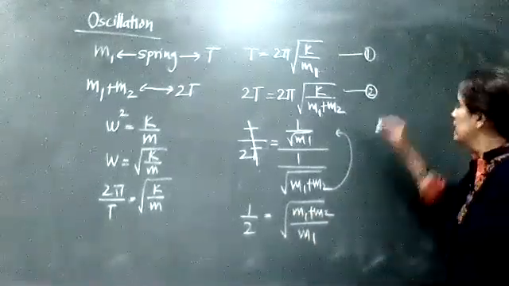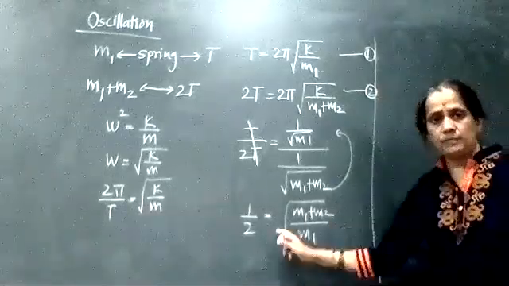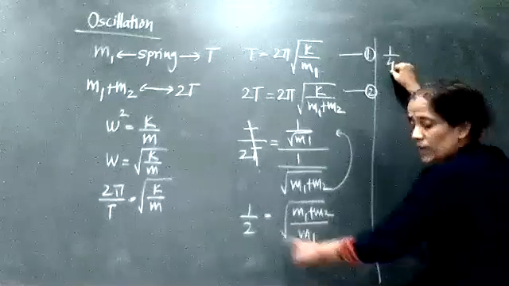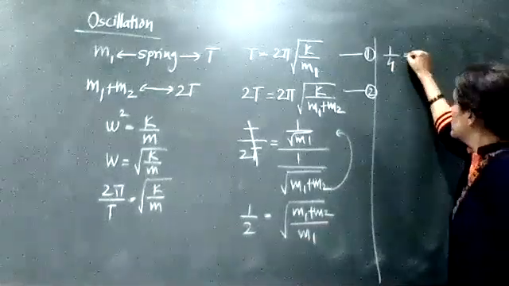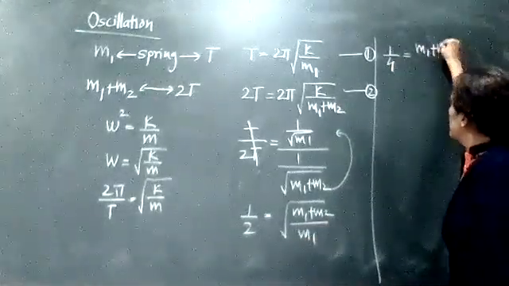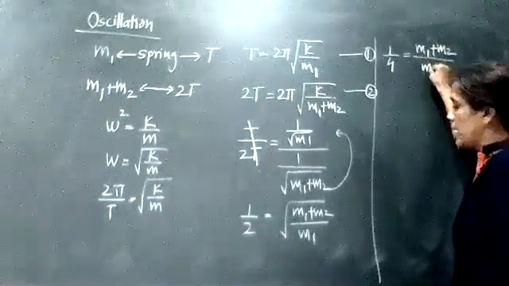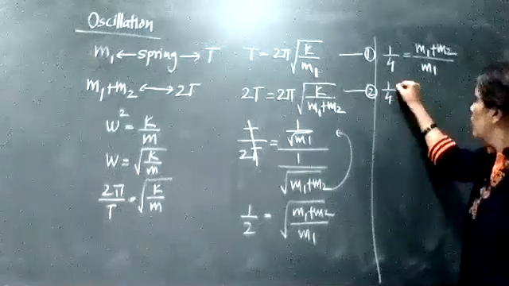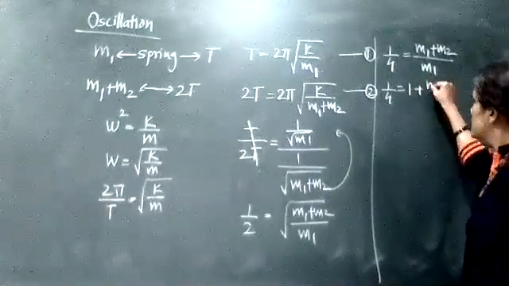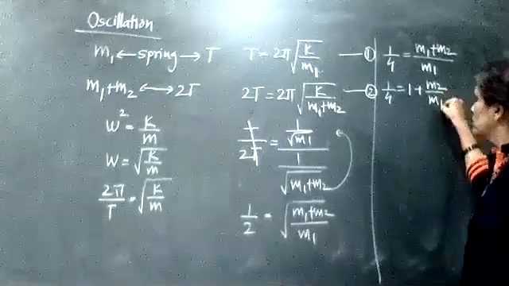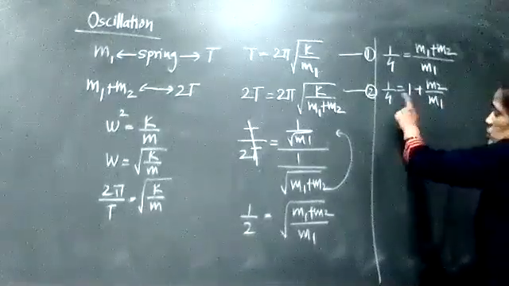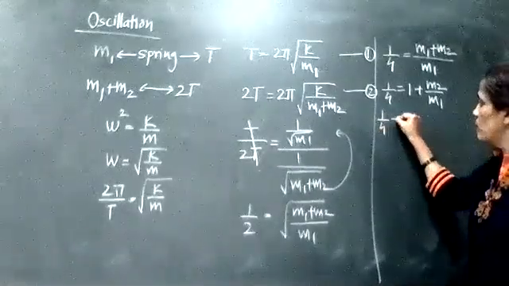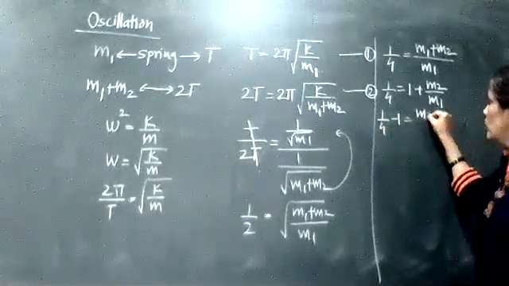Now I can square both the sides. If I make the square of both sides, the square of 1 by 2 will become 1 by 4, which is equal to m1 plus m2 divided by m1. So it will become 1 by 4 is equal to 1 plus m2 upon m1. This 1 I have shifted to the left side, so it will become 1 by 4 minus 1 is equal to m2 upon m1.